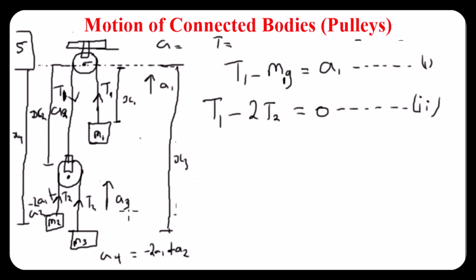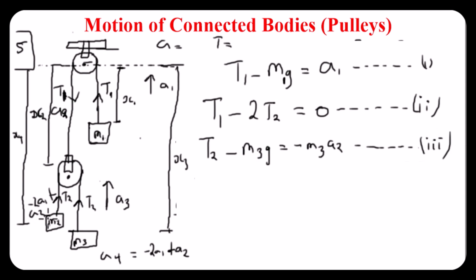Now for equation 3, here I have T2 acting on the block of mass M3. Since we're moving up, we can say T2 minus M3g will be equal to M3 times the acceleration, a3, or negative a2. Since we already said a3 is equal to negative a2, we can just say negative M3a2, and then this will be our equation 3 in this system.